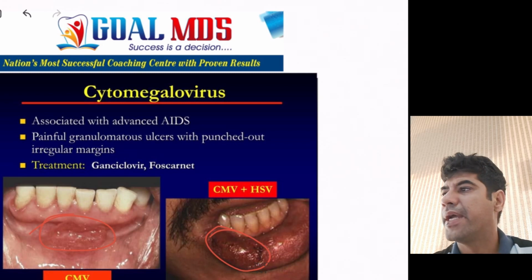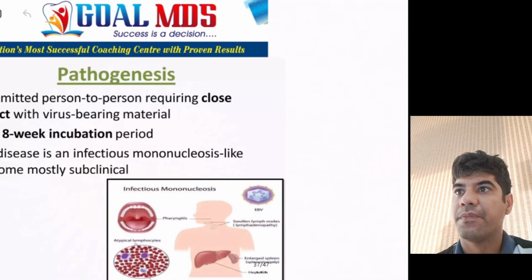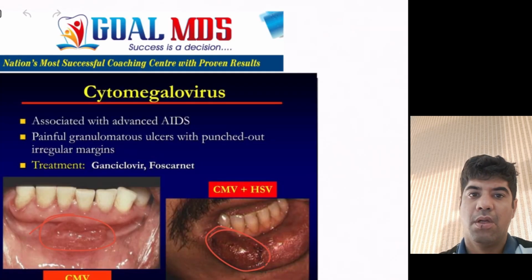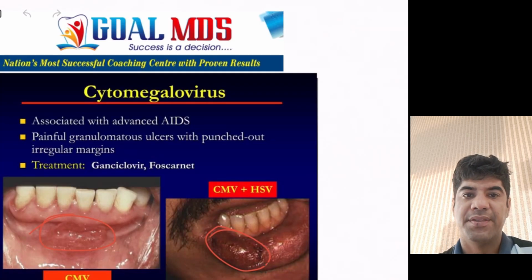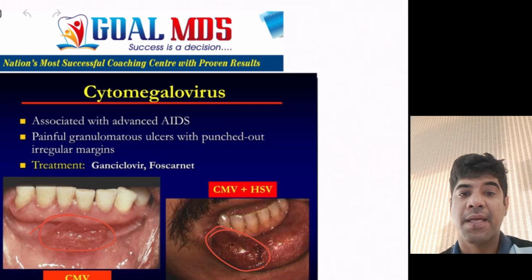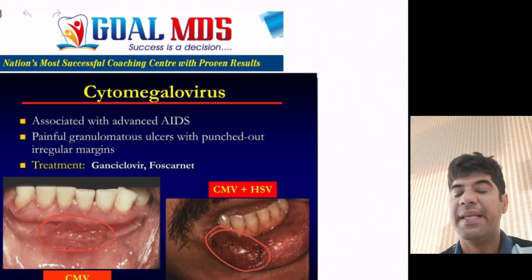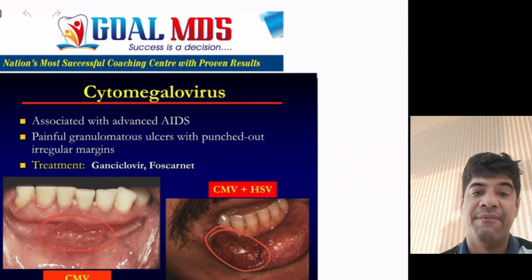Now, how can you diagnose this cytomegalovirus? We can diagnose the cytomegalovirus through biopsy techniques, viral culture, and PCR. They are other methods to detect the cytomegalovirus. In the blood, there may be an increase in atypical lymphocytes.